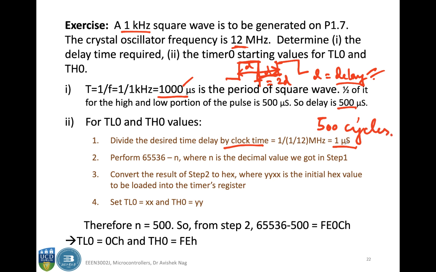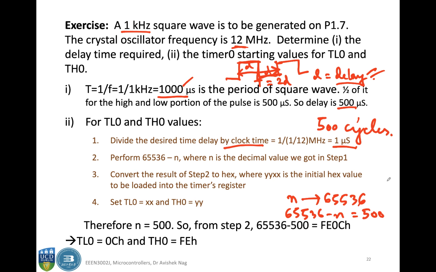Okay, so to make the timer count 500 cycles, what number you have to load, that you can find by this. So if your timer starts at a value n, let's say, and it can only count up to 65536, so 65536 minus n will give you the number of cycles.